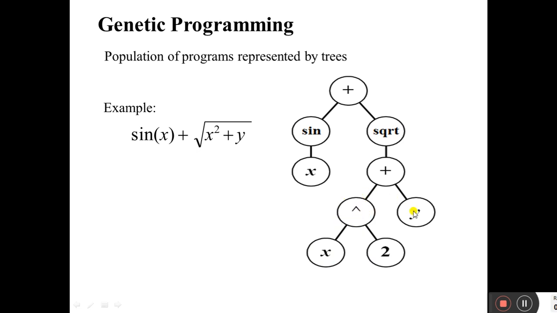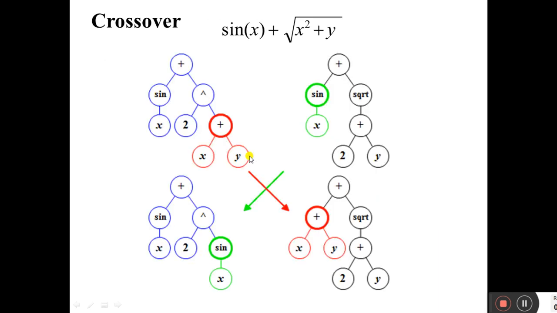That can be added with y, then we take the square root. Then this can be added with the sine of x. Right? This is the general idea. If I do a crossover operation, this sin x moves in this way, this x plus y moves in this way, and I get a new expression for this function.